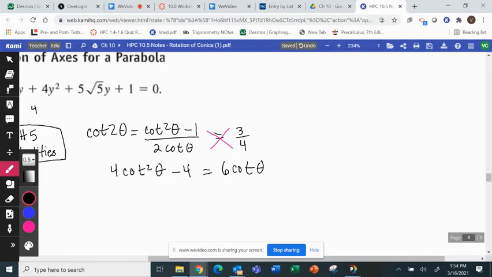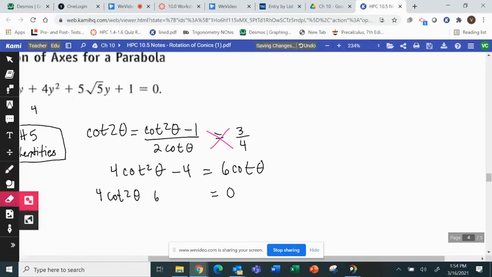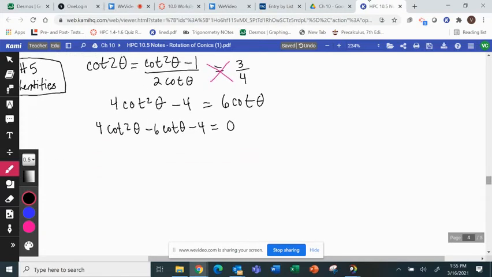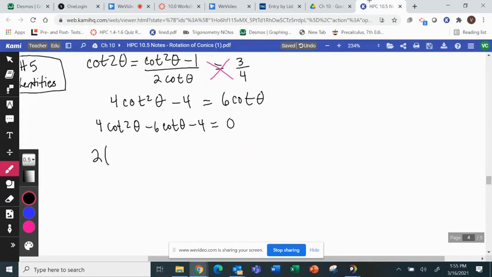All right, the next one. So I cross multiplied, and it looks like I have a squared theta, and then I also have just the regular cotangent theta. So I'm going to set it equal to 0 and see if we can factor it. Oops, not plus. And for time's sake, it does factor.